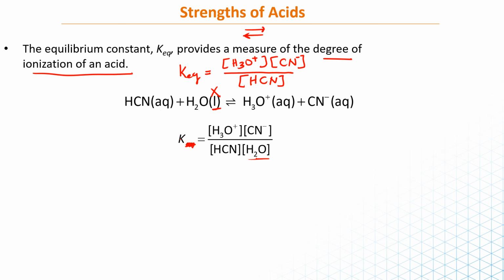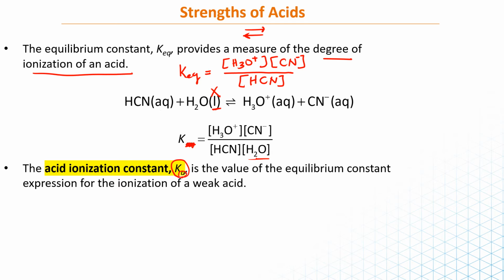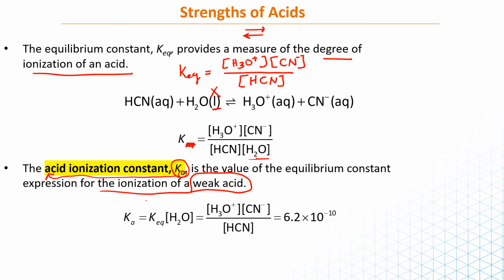They shouldn't write it, or they can write it. So sometimes there's just a K, and the acid ionization constant اللي هو ال Ka الحين، ال A هذه جاية من الأسيد. So acid ionization constant Ka is the value of the equilibrium constant expression for the ionization of a weak acid. What do we mean by this? ال Ka تساوي ال K اللي فوق هني ضرب ال H2O.